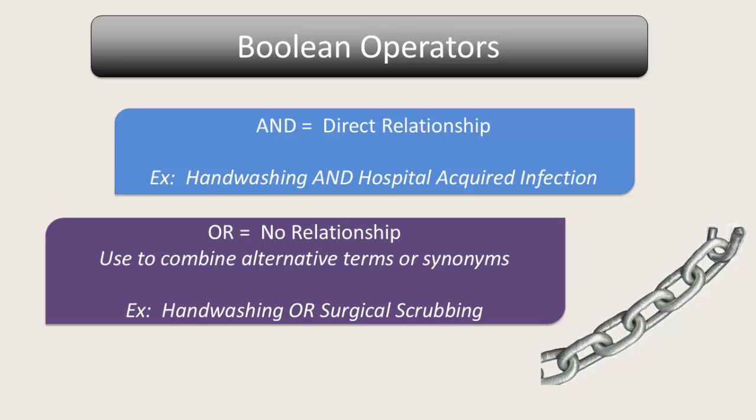Many times you're combining alternative terms or synonyms for a particular topic, such as hand washing or surgical scrubbing, and then later combining that with another term, such as hospital-acquired infections, to figure out how hand washing affects hospital-acquired infections. And that is how you use Boolean operators.